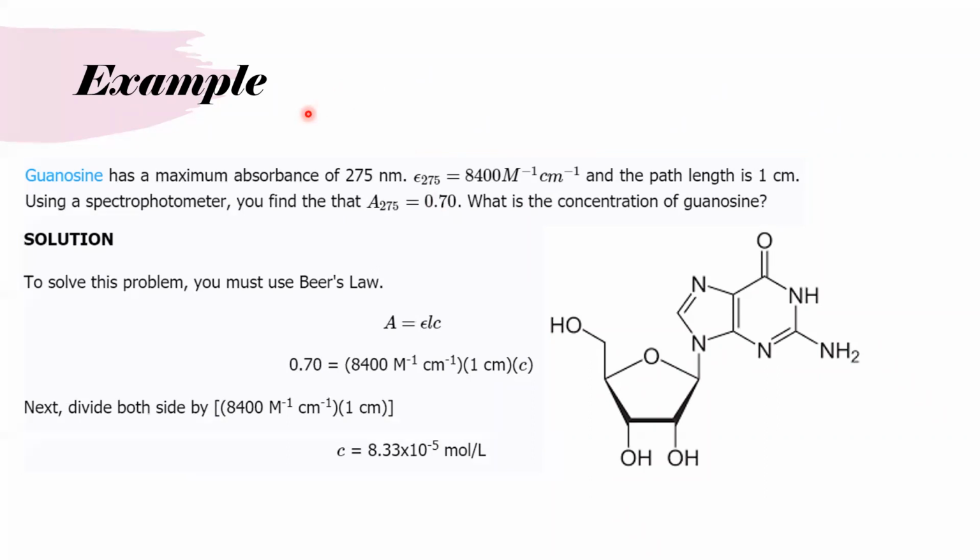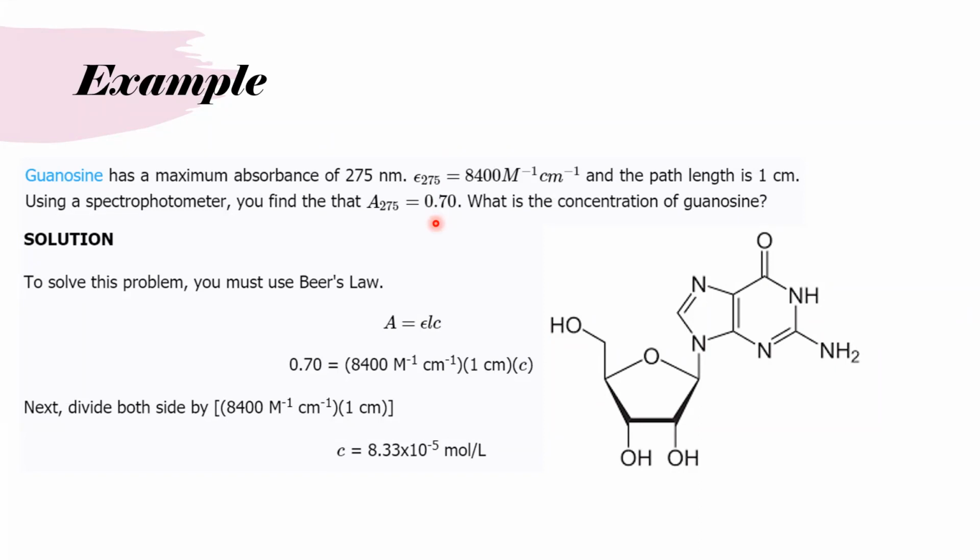For this particular example, we are given its molar extinction coefficient, which is equal to 8400. On the slide, it says molarity to the -1, but remember, molarity is just moles over liter, and the negative just inverts that, so it is equal to liters over mole. Remember, this molar extinction coefficient is an intrinsic value to each chemical species, so it's basically just a lookup value. And then we are given the absorbance at 0.7, which was presumably determined experimentally.